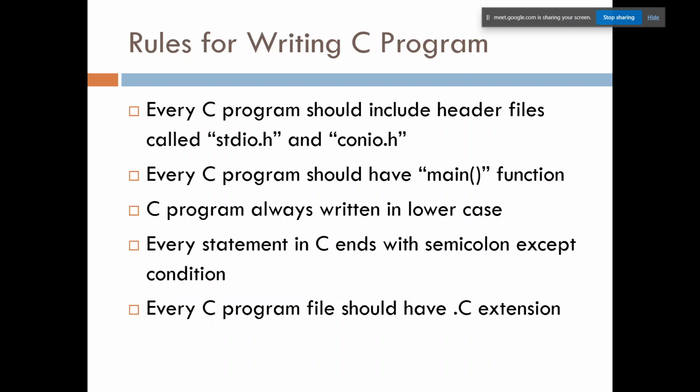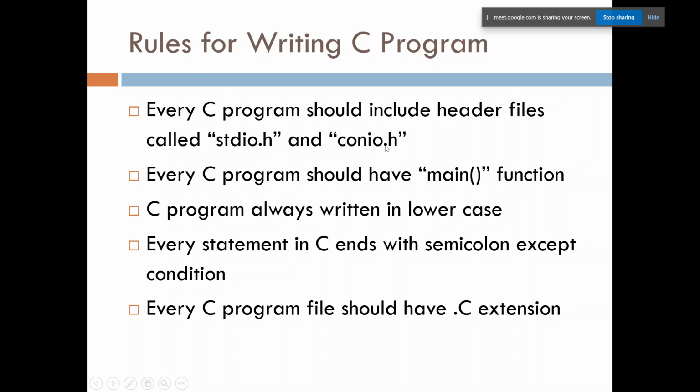So when you are writing a C program, we have to follow these guidelines, rules and regulations. The first and foremost is we have to start every C program with the header files. You can write many header files, out of which these are the common ones: stdio.h means standard input output header file, and console input output header file conio.h, and this may not be mandatory, guys. It's optional.